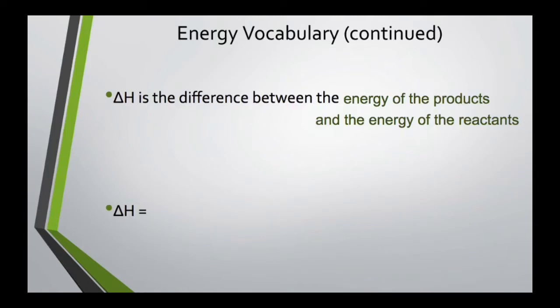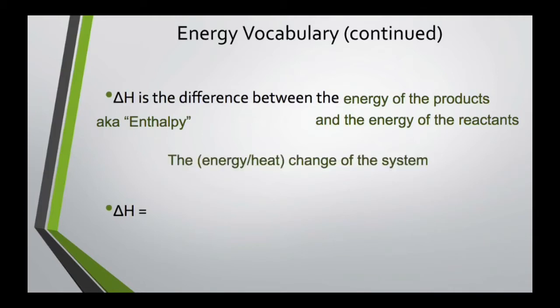And delta H, although it's nice and short and simple to say, is also known as enthalpy. And we're going to be talking about that a lot this unit. And enthalpy is just the energy or heat change in the system. So in the case of that chemical reaction, it's products minus reactants to find the total energy of that reaction.